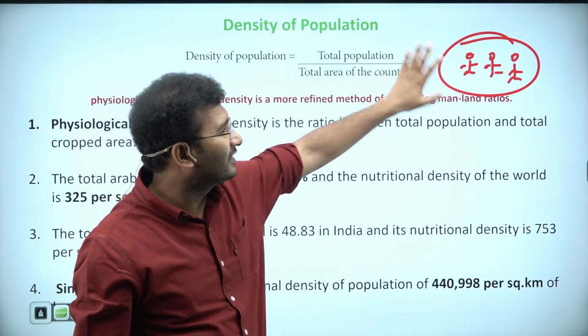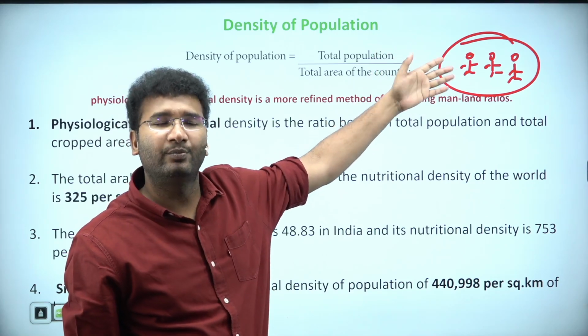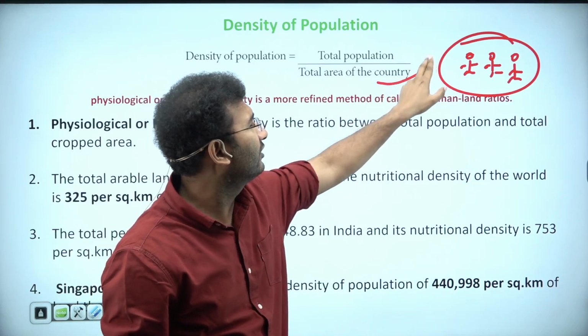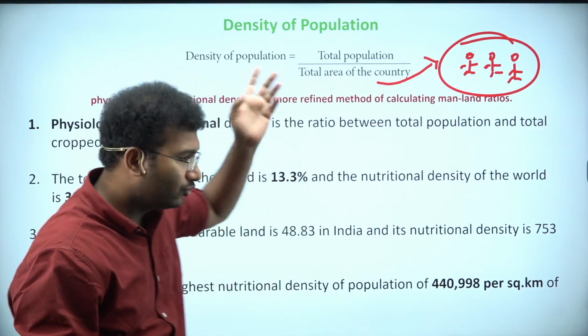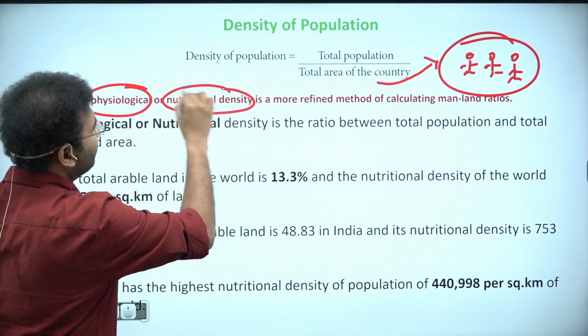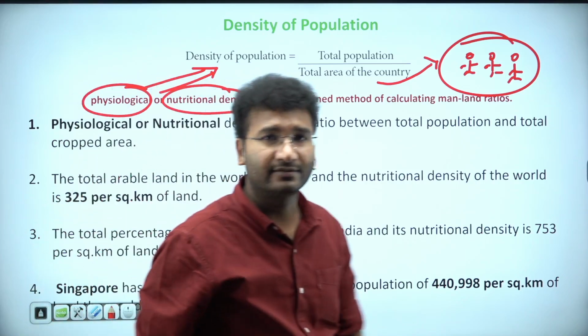But this general density, you should not look at with a very parochial view. Density alone will not give you the status of a country. Rather, the new methodologies, physiological or nutritional density of a particular region, should also be taken into account, right?